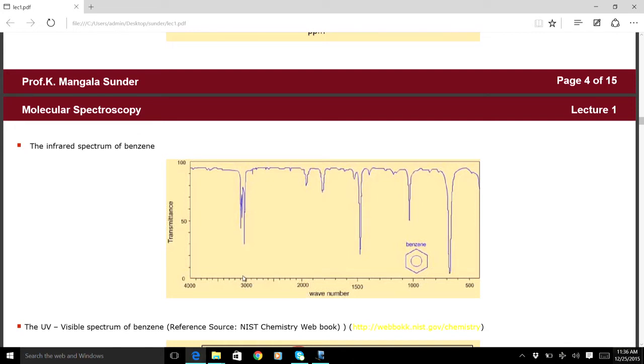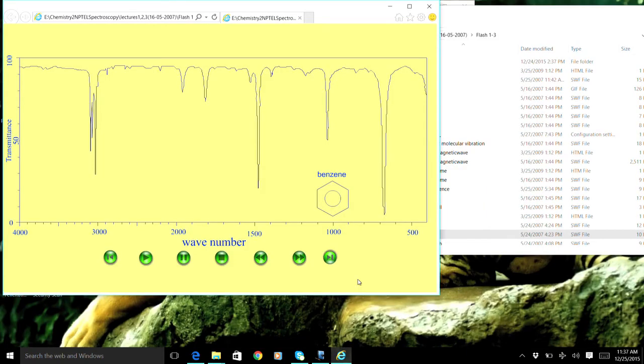Wave number is inversely proportional to the wavelength. So increasing wave number means, this is decreasing wave number, therefore it means decreasing energies. This is the lowest energy vibrational motion, and then so on. Now the line positions, line widths and line intensities are seen like this. Let us see that using an animation.